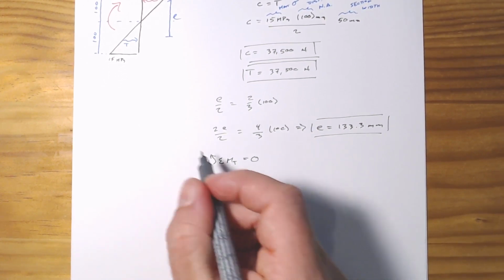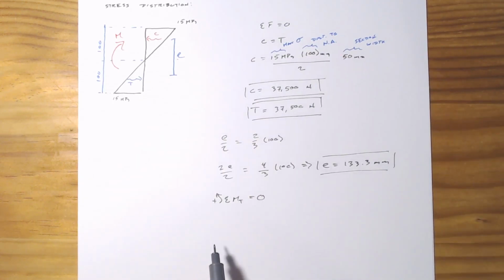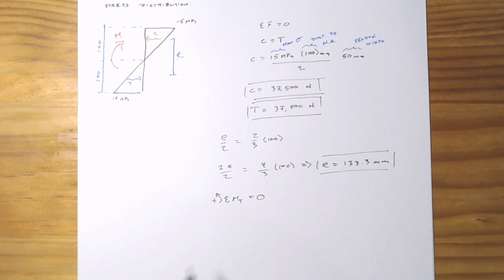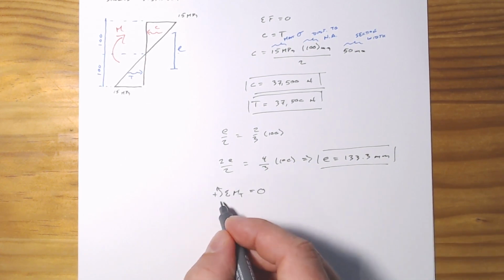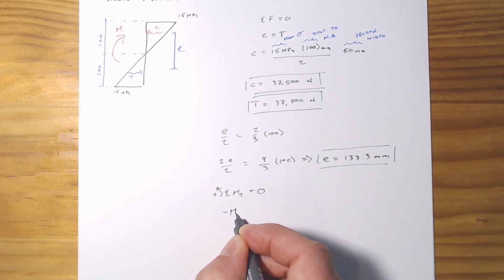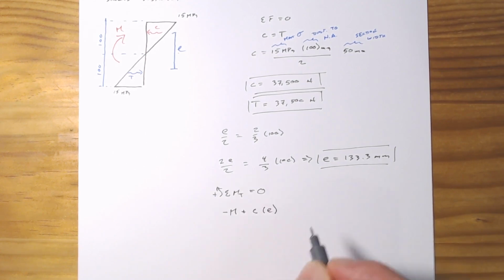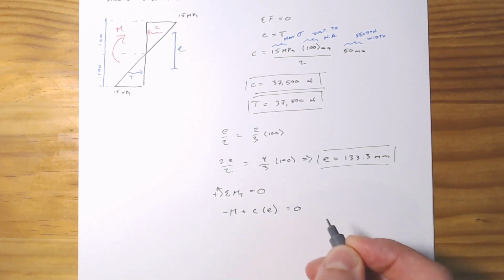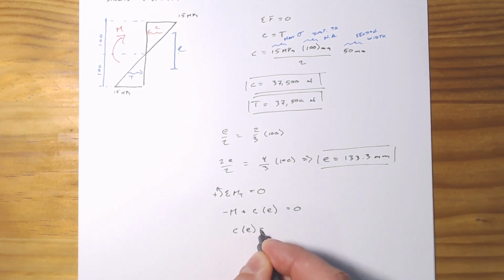We've got this moment M, and we're saying counterclockwise is positive because we're doing statics, so in order to get a sign convention there, we'll arbitrarily say anticlockwise. So we'll have negative M plus the compression force C times its distance away, E. All that has to equal 0. So we get C times E equals M.